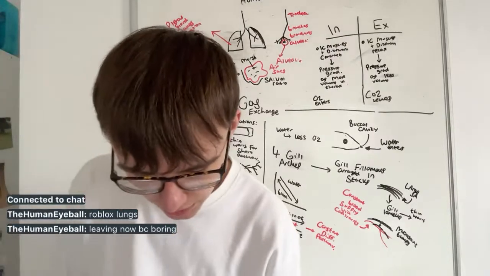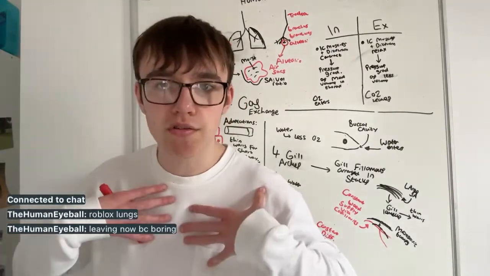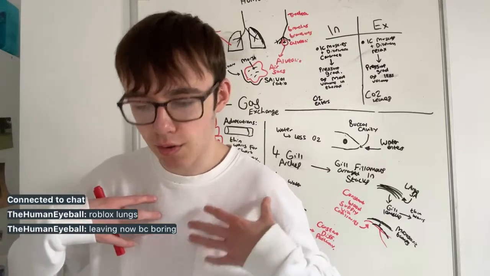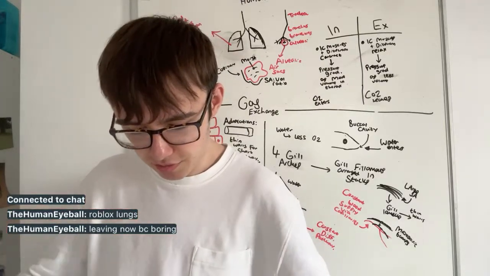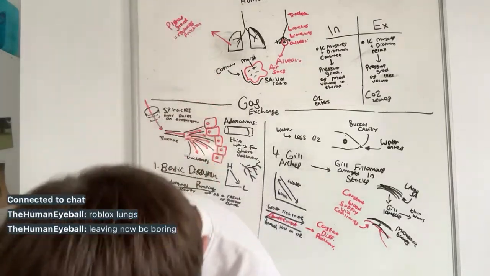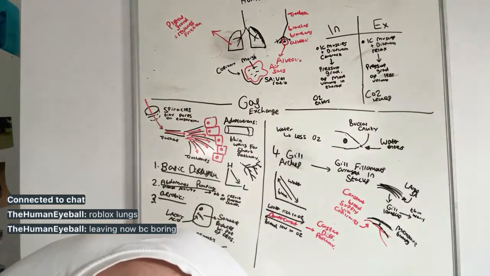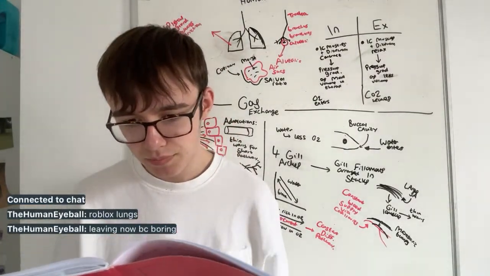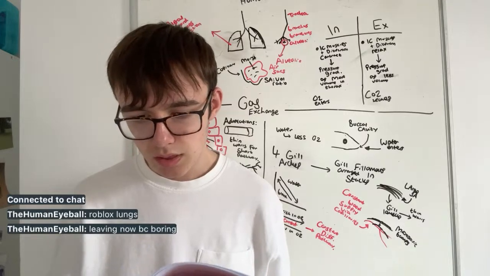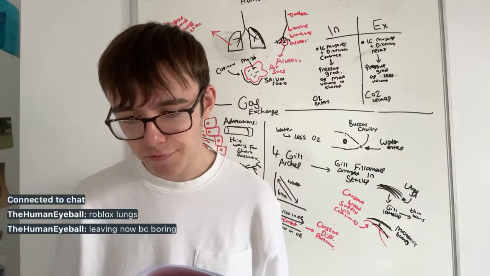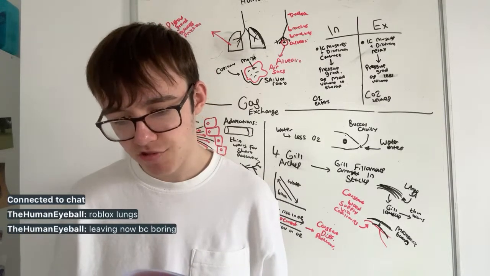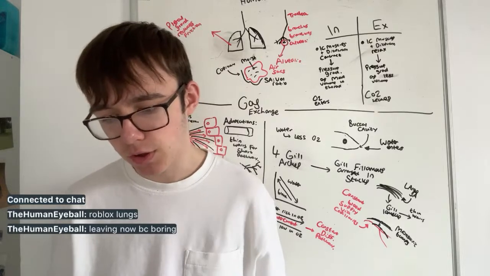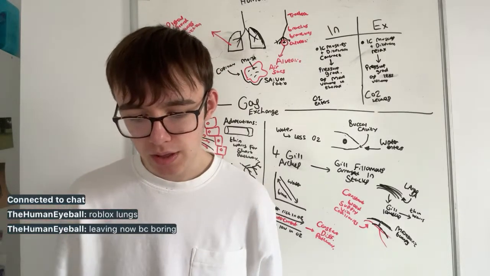Easy. Intercostal muscles are closer to the lungs. That's why they're called intercostal. Your external muscles... okay. Your diaphragm flattens, creating extra space, increasing volume, low pressure.